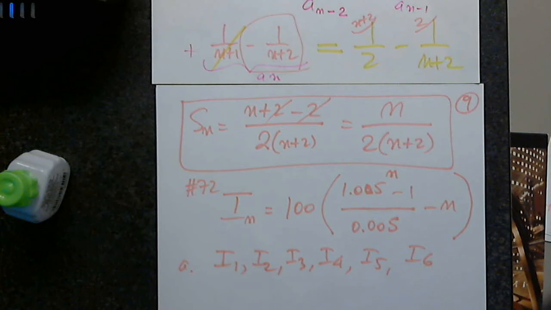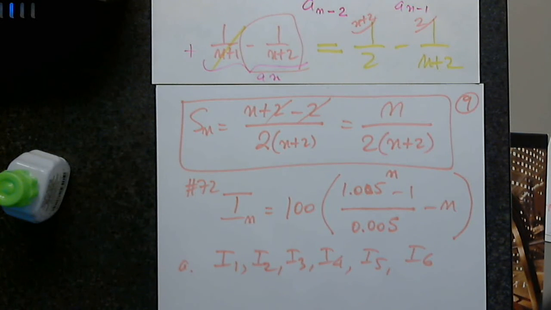Okay. So let's go to the graphing calculator. I don't need the sequence now, so I have to go back to function. This is a function, not a sequence. So let's go back to function, y equals. So we have 100, in parentheses.